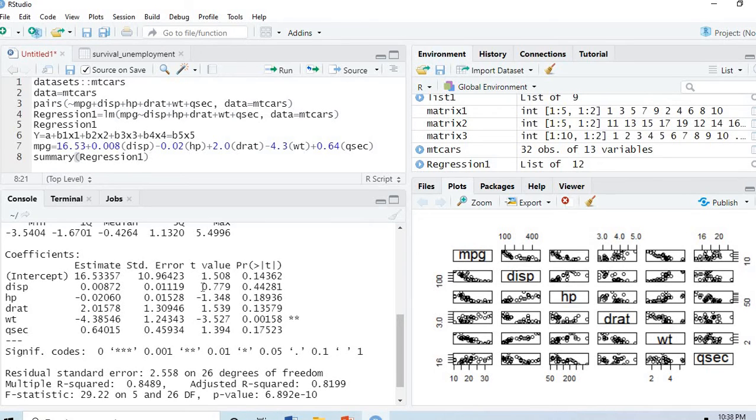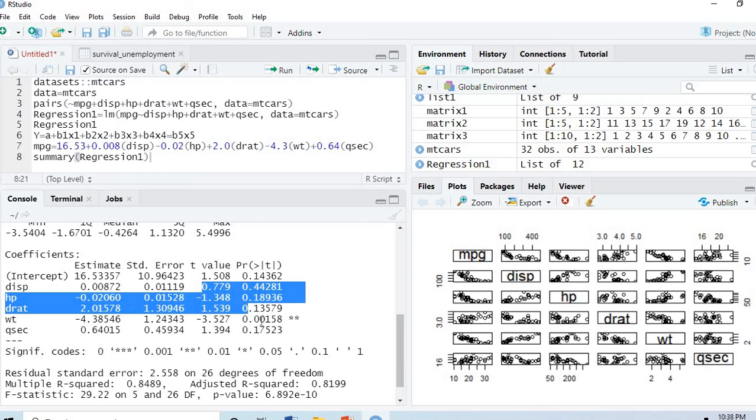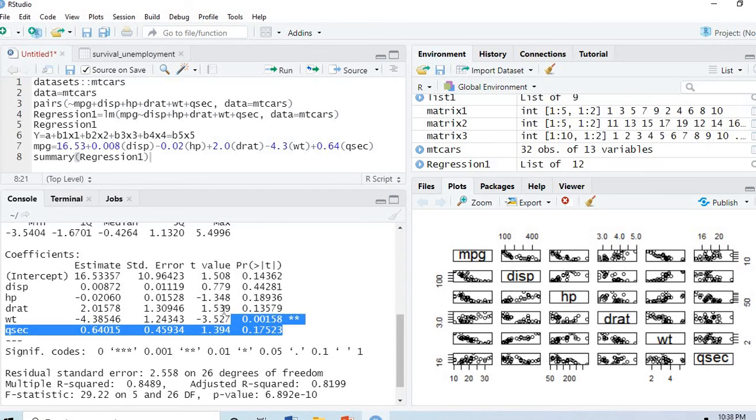As you can see, I highlighted all these values: 0.7, minus 1.3, 1.5, minus 3.5 and 1.3. So these are the associated t-test values for all the independent vectors, and you can see the probabilistic values, p-values.